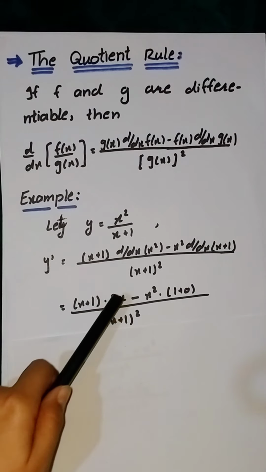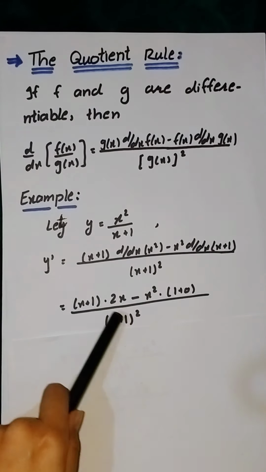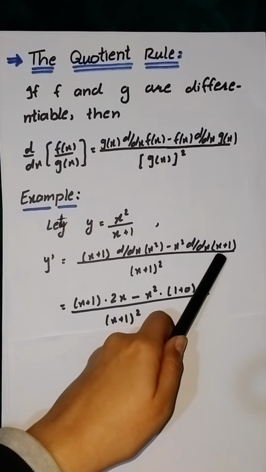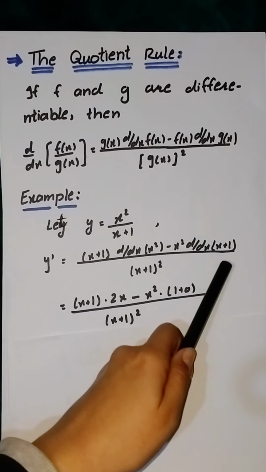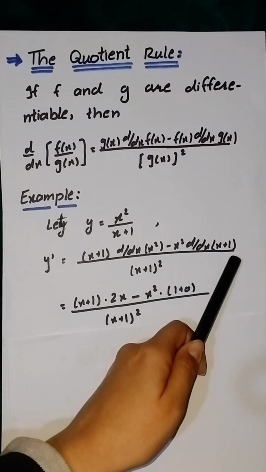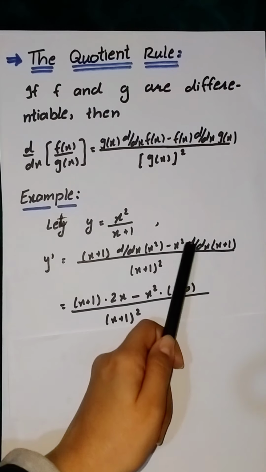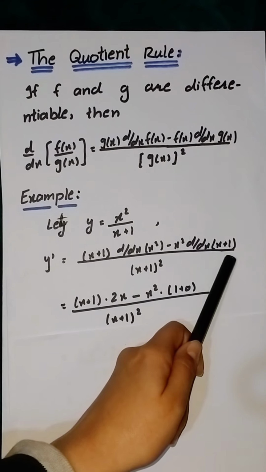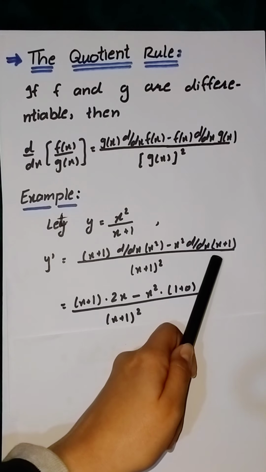So the derivative of x square is equal to 2x, and for the derivative of x plus 1, we are using the sum rule: we differentiate x with respect to x, then we differentiate 1 with respect to x. As 1 is a constant, the derivative of 1 is equal to 0 and the derivative of x is equal to 1.